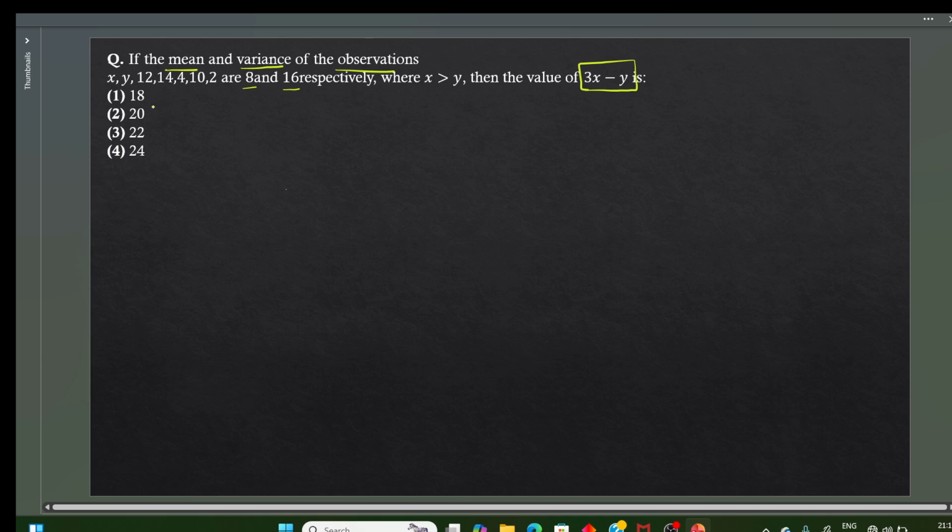First we need to find the mean. Mean is the sum of all observations divided by the total number of observations. The sum is x plus y plus 12 plus 14 plus 4 plus 10 plus 2, divided by the number of observations, 1, 2, 3, 4, 5, 6, 7, so 7, is equal to the given mean value 8. Simplifying, x plus y plus 12 plus 14 plus 4 plus 10 plus 2 equals 56. 12 plus 14 is 26, then 30, 40, 42.